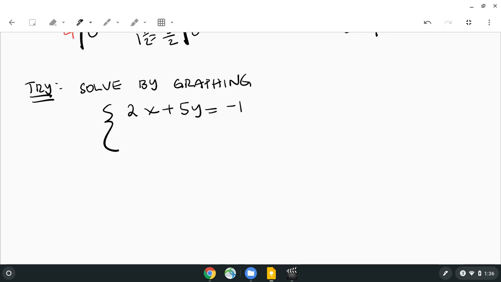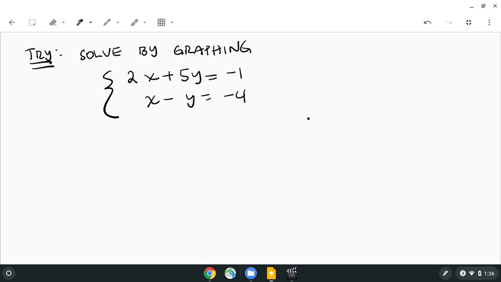So go ahead and solve by graphing. 2x plus 5y equals -1. X minus y equals -4. Go ahead and hit the pause button, and I will solve this as well.